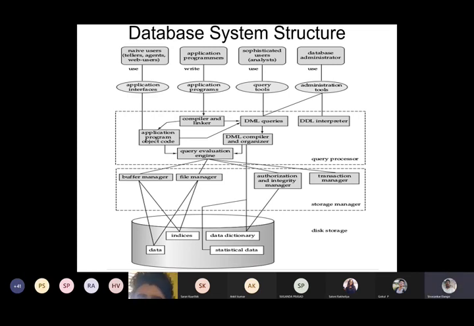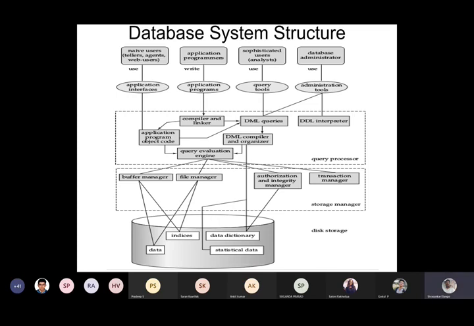And then you have file manager, right? The file manager deals with how to allocate storage for data in a particular file and how to access the data. It deals with the data structures that are used to represent the data, and how to store the data in primary memory or in secondary storage memory.